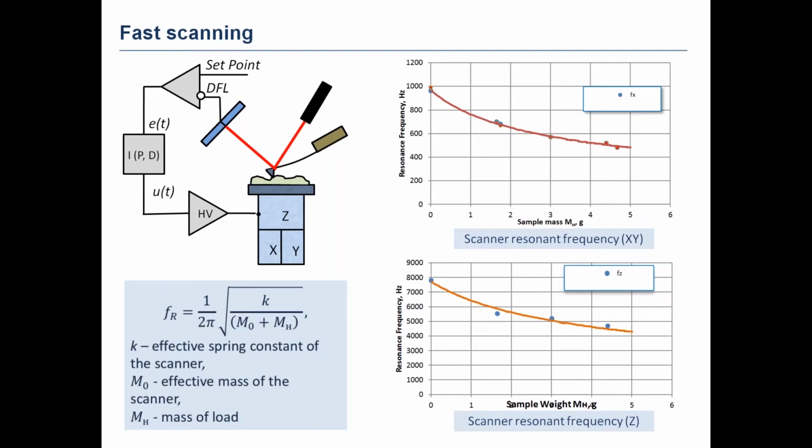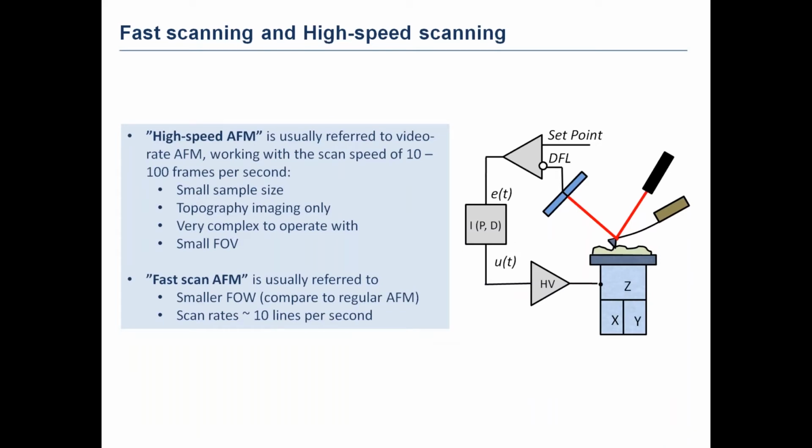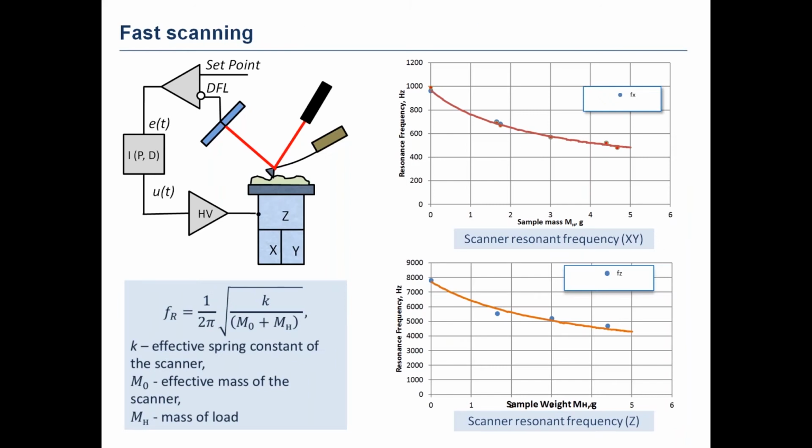Well, in this presentation we will talk about the fast scan option, and for this option the key limiting factor is actually the mechanical resonance of the scanner. We have been lucky enough to have a chance to check the well-known formula from the school physics book about the dependence of the resonant frequency of a spring loaded with some mass, and this formula works perfectly, especially for scanner resonant frequencies in both XY and Z direction.